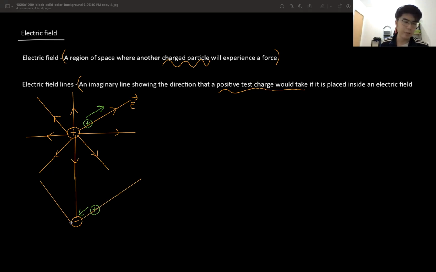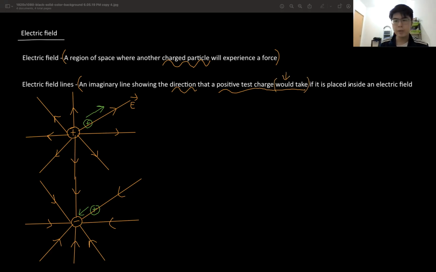This is our electric field line, and it is pointing inward. So how do we define the electric field line? An imaginary line showing the direction that a positive test charge would take if it is placed inside an electric field. That's how you define it.